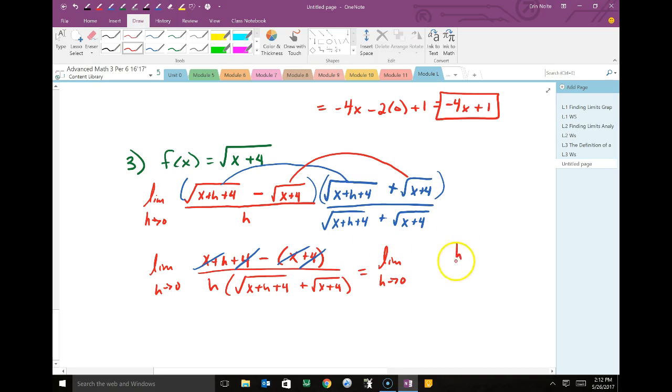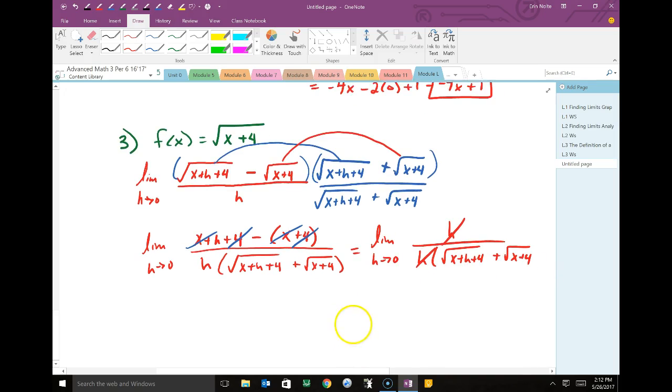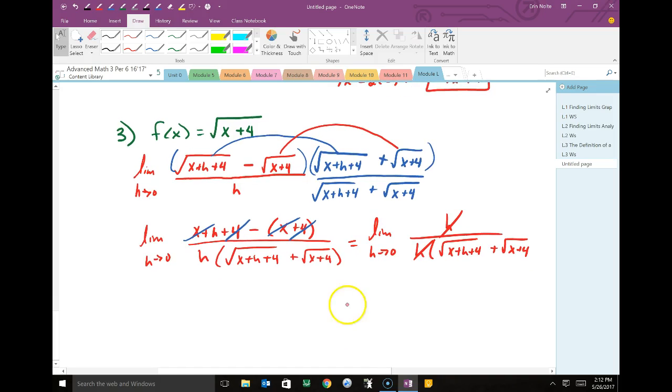So what can I do? So if I cancel the h's, what's left? Good. Can't believe how many people say that this just cancels out and you're left with the bottom. No, there's 1 on the top. All right, I simplified. Now what do I do?